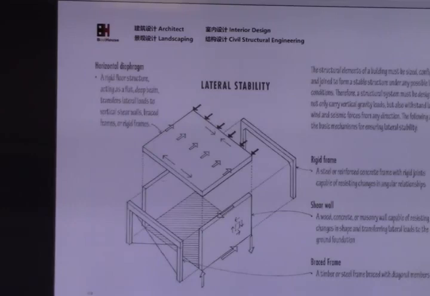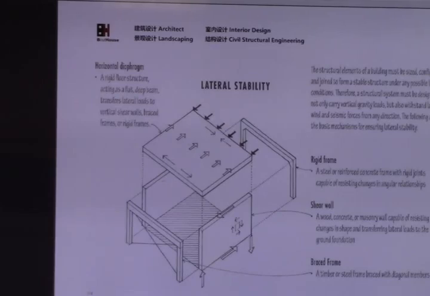They can transfer the load properly. Every load we transfer from top to bottom to the foundation. It's no problem. But the building still failed. Why? That's the stability. Every system is no problem. Wall no problem, flooring no problem, column and beam no problem, but they need stability.